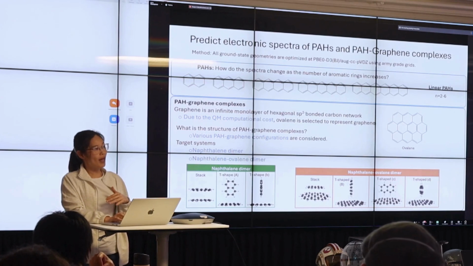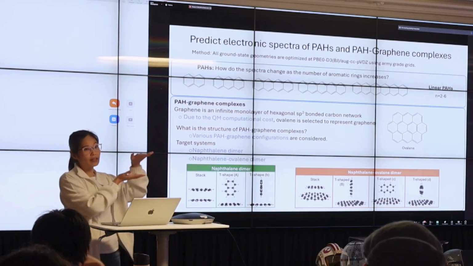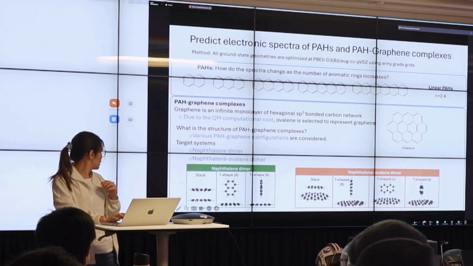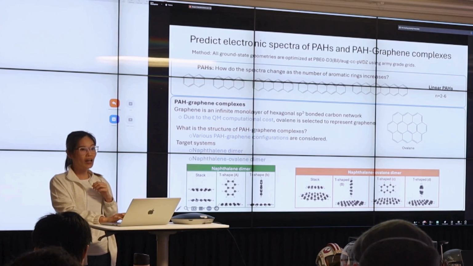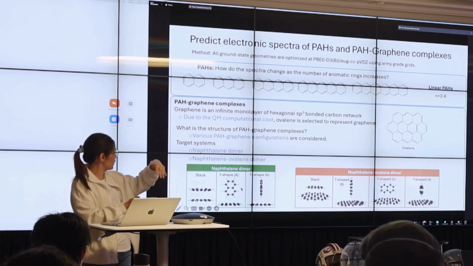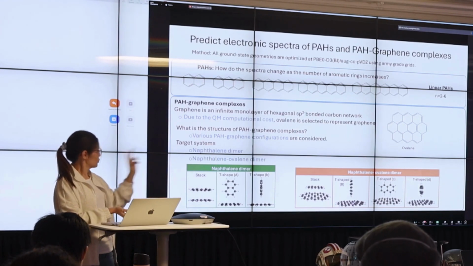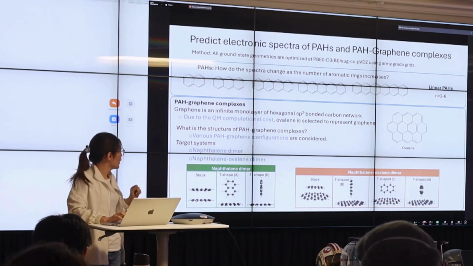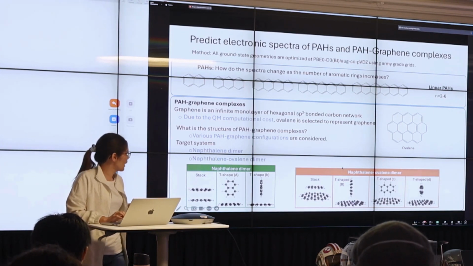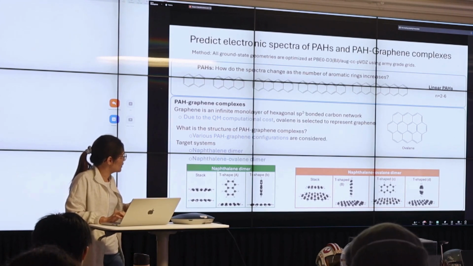For example, if I have only naphthalene reacting with each other, it could form a sandwich, which I call a stack, or a T-shape, and the T-shape could have two forms.